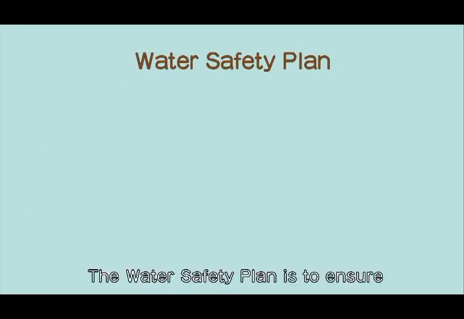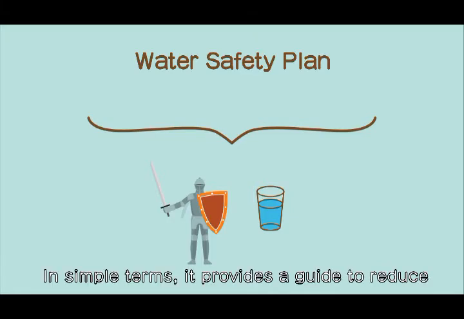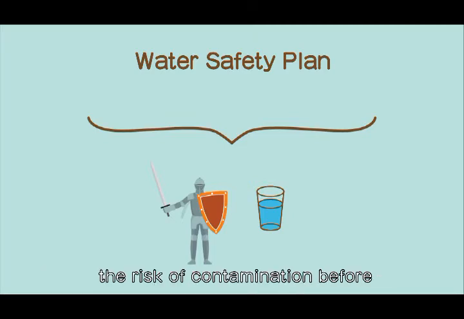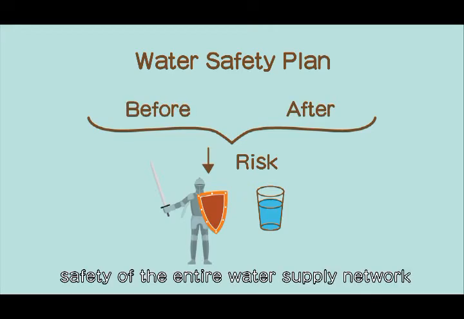The Water Safety Plan is to ensure drinking water quality from source to distribution. In simple terms, it provides a guide to reduce the risk of contamination before and after water treatment and to ensure safety of the entire water supply network.